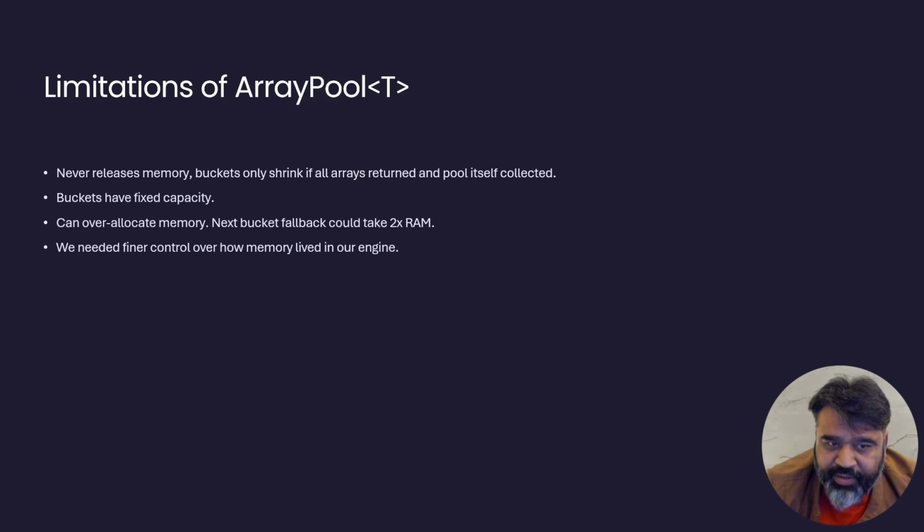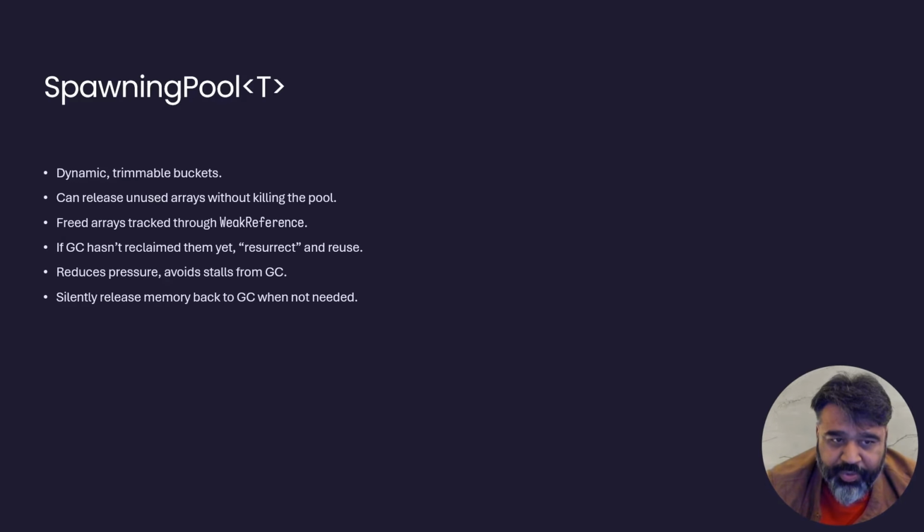One of the other side effects was that it could over-allocate memory. Next bucket fallback could take twice the amount of RAM, for safety, we understand that, but it was something we wanted finer control over. We also wanted finer control over how memory lived in our engine and what we could do with it. So for that, we created SpawningPool of T.